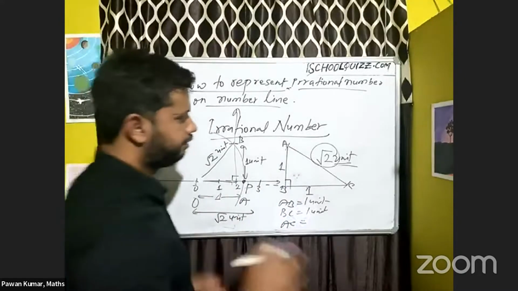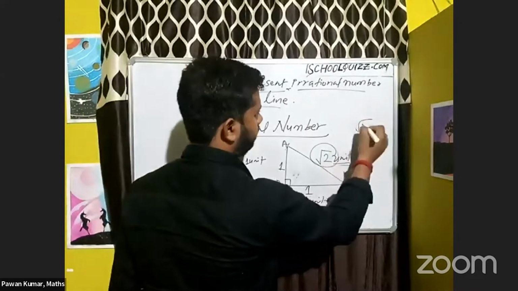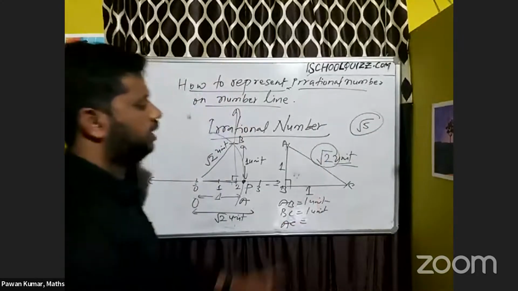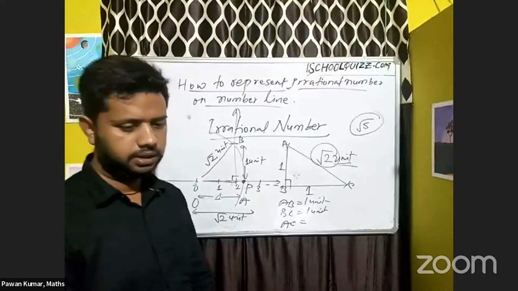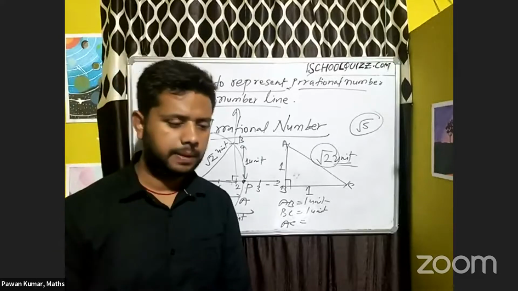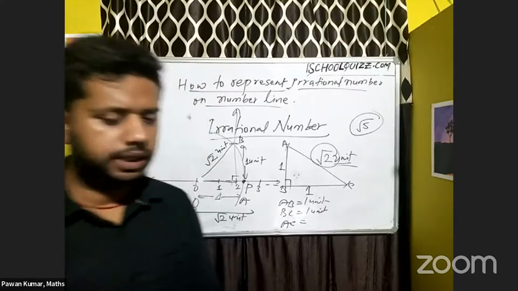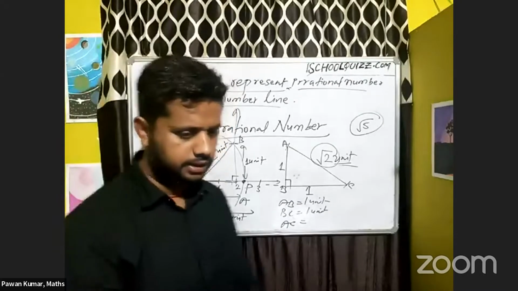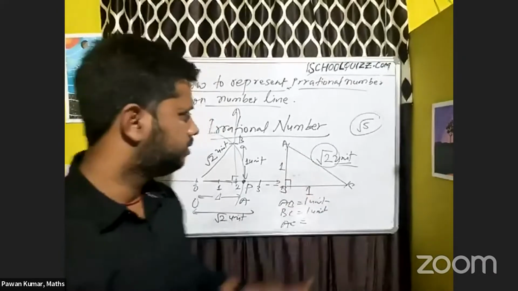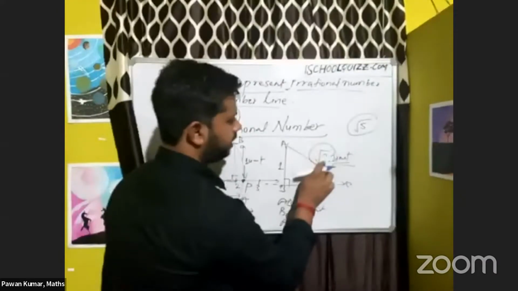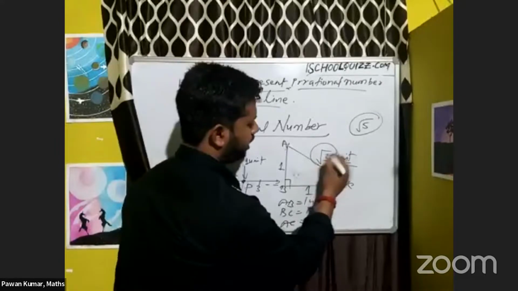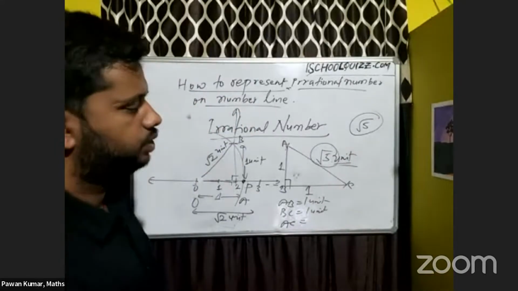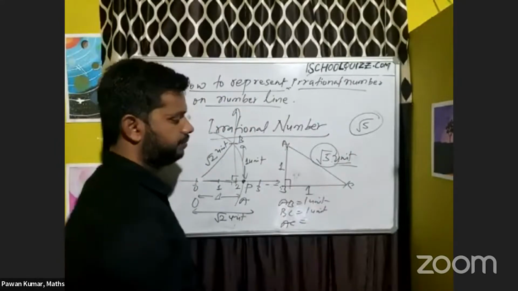Suppose you want to place root 5, how can you do that? How can you decide this length? Draw root 5 in your textbook, make it fast. Tell me the things you need. Suppose you want root 5 unit here, how can you decide this length?